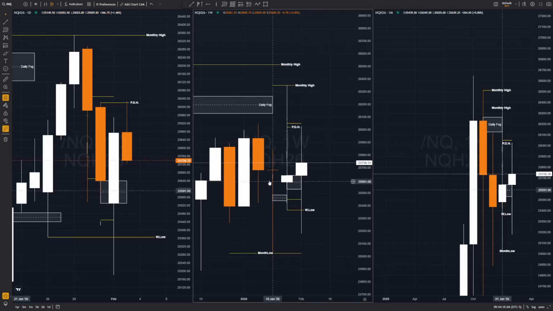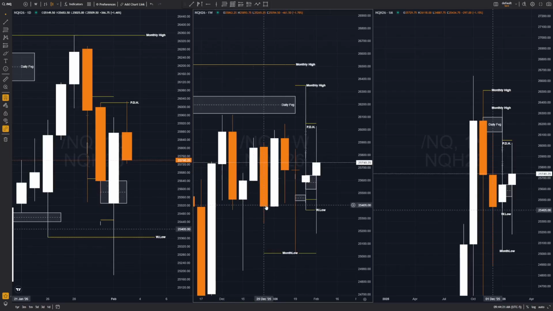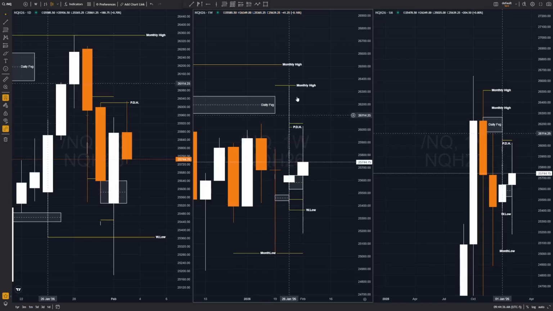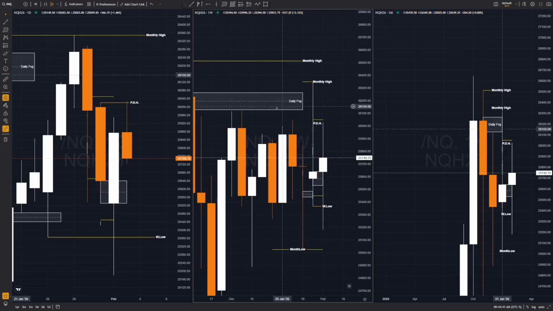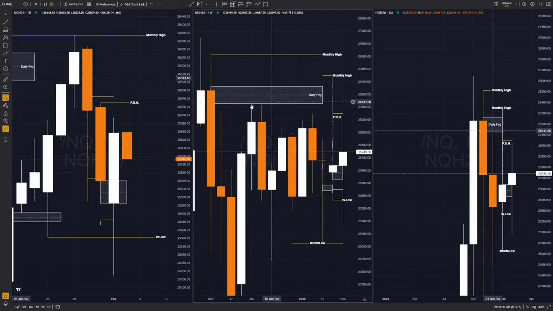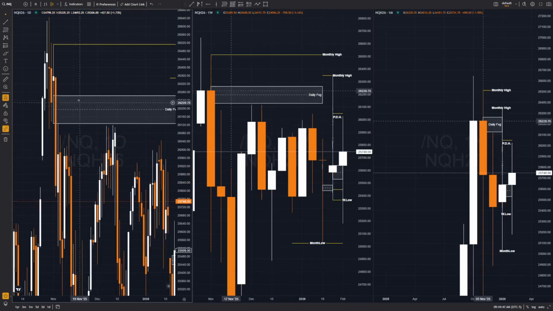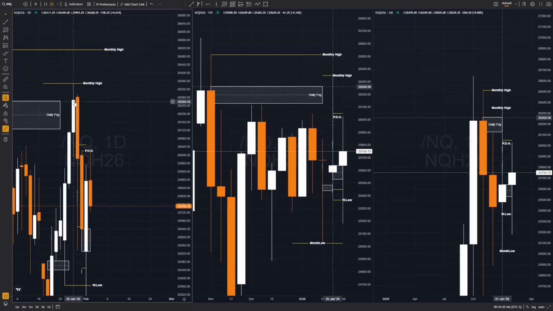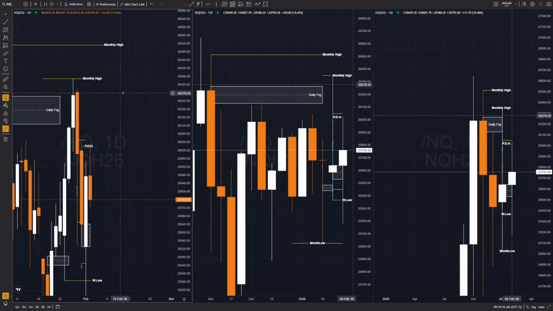So you see how we've been consolidating, where the week would come down and then the next week came up, swept the high, rejected, and then the next week came up, swept this weekly high, and then rejected, and then this week came down, swept low, low, low, and then rejected, and then the following week took some internal liquidity and swept higher and took out this monthly high, which also tagged into this daily fair value gap, this bearish gap, which is here. The market came up on the daily, filled it completely, but we also dumped and did this work.